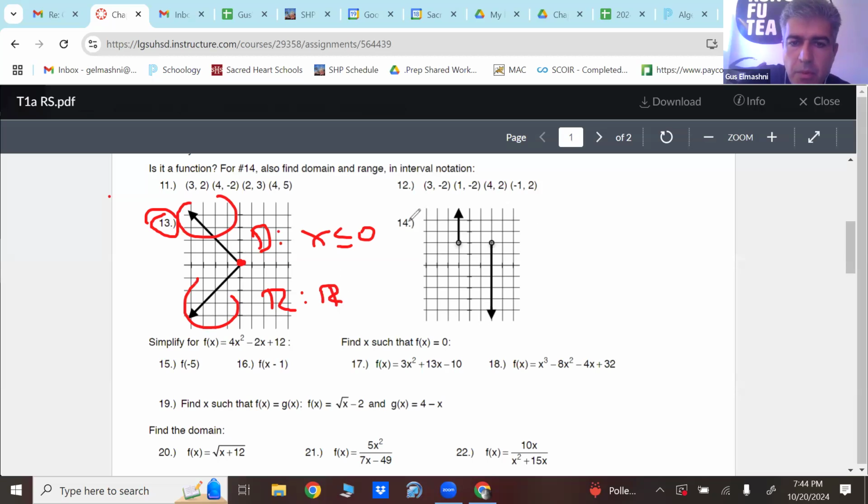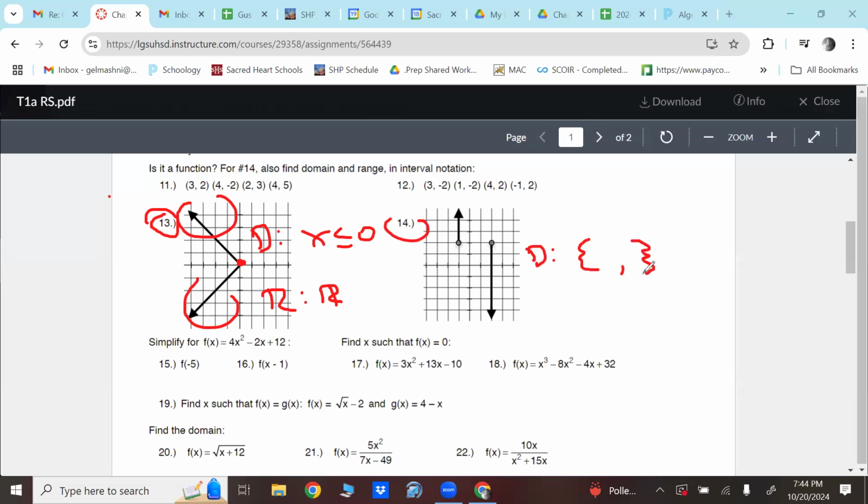For 14, what would your domain be? What x values are you noticing for 14? It's from -1 to 2. -1 and 2, but it's not between the two, so you just say -1 and 2 straight up.